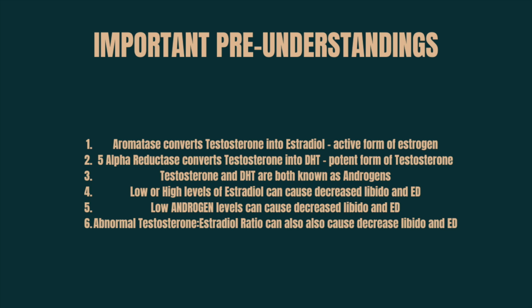They have different roles in the body. For example, DHT isn't found very much in the muscle cells, and it's something called a paracrine hormone. So it is produced in specific tissues, and it's not all produced in one place like testosterone.